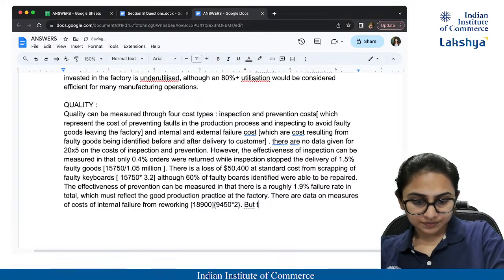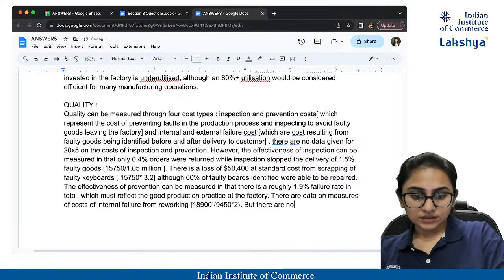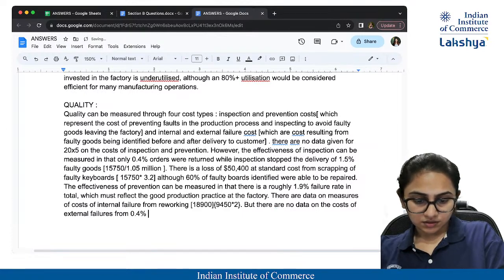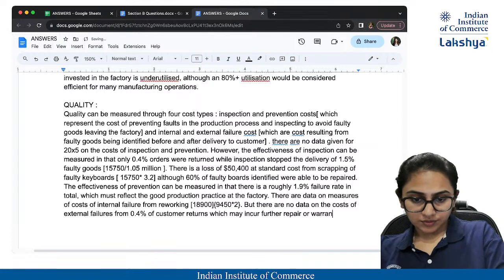but there are no data on the costs of external failures from 0.4% of customer returns which may incur further repair or warranty claim cost.